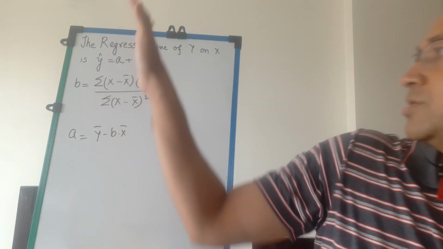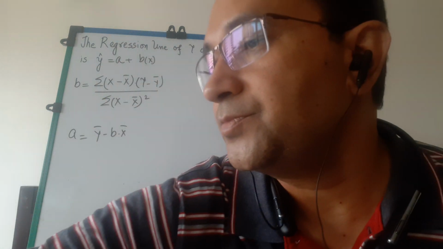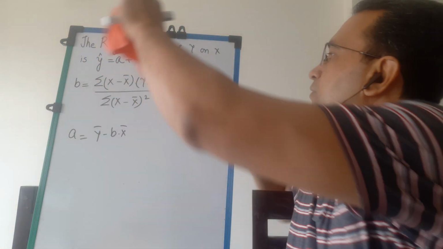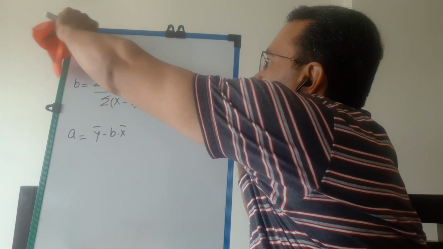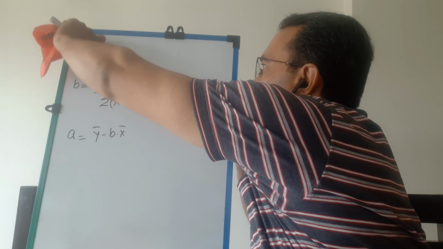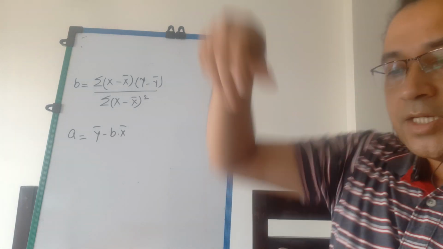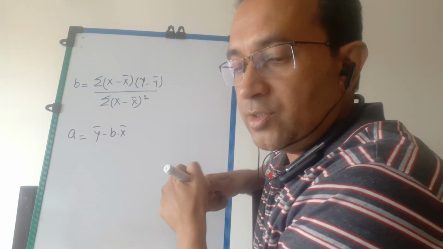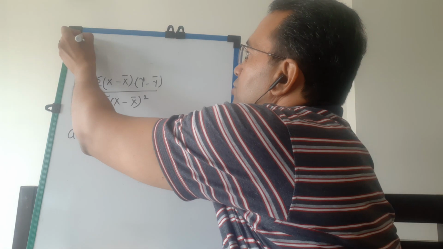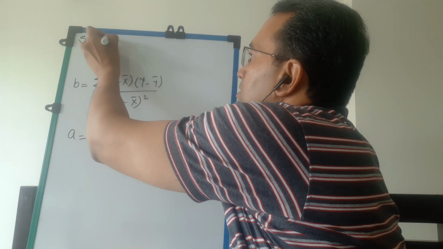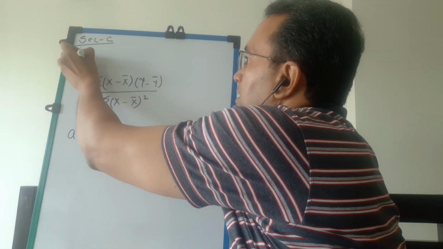So for the time being I am erasing this statement, regression line of y on x. I am noting down the given information. Section C, sum number 9.